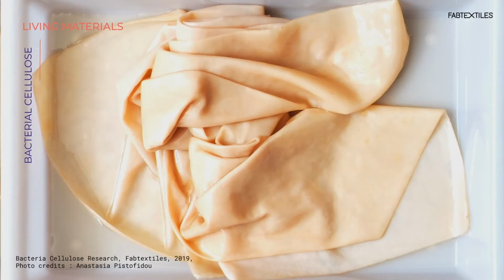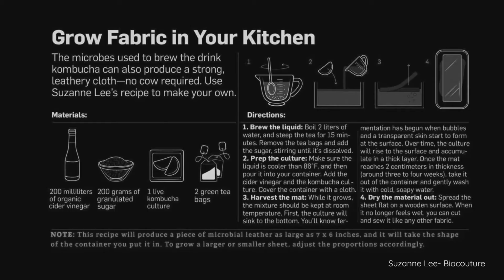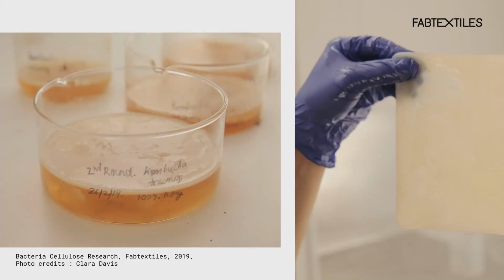Or we are working with bacterial cellulose, which many of you know from kombucha. Do you know kombucha? It's the green tea. This recipe is actually an open source recipe from pioneer Susan Lee. We learned how to do the practice, and we were able to create lab-grown leather from bacterial cellulose.